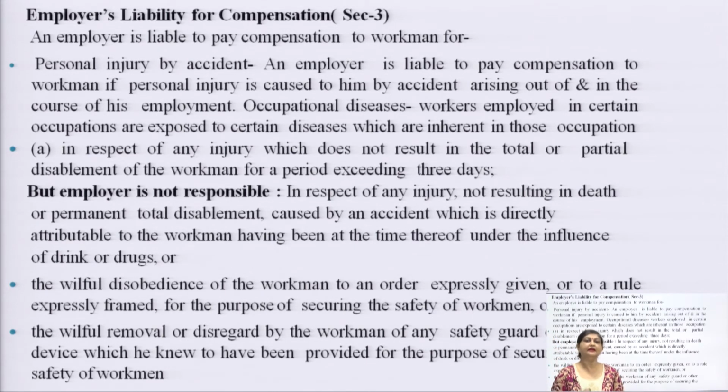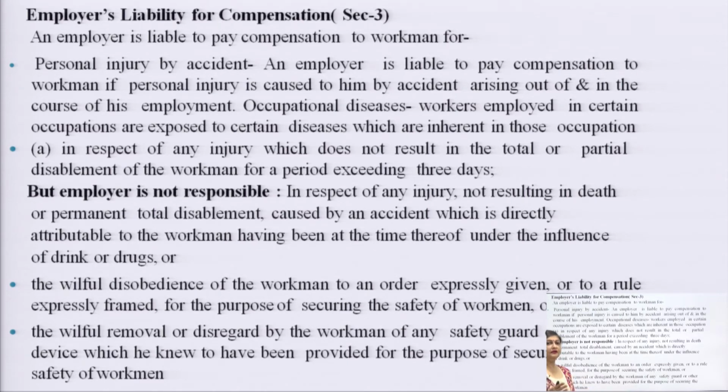If any accident occurs under the influence of drink or drugs which the employee has taken, then he will not be eligible for compensation under the Act. Also, the willful disobedience of the workman to an order expressly given or to a rule expressly framed for the purpose of securing the safety of workmen.